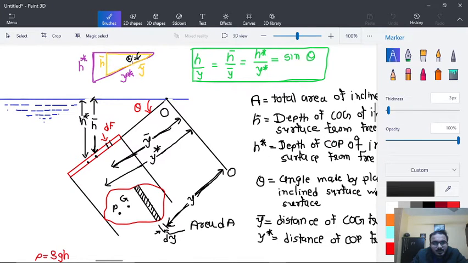So once you apply the sin theta formula, you will be getting this similarity where H and Y are general terms.